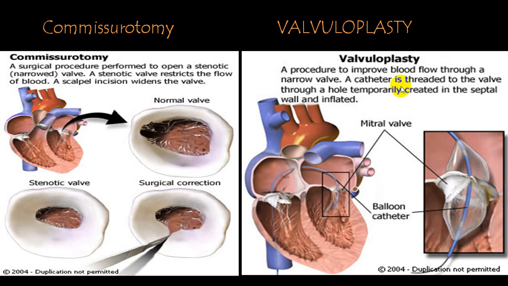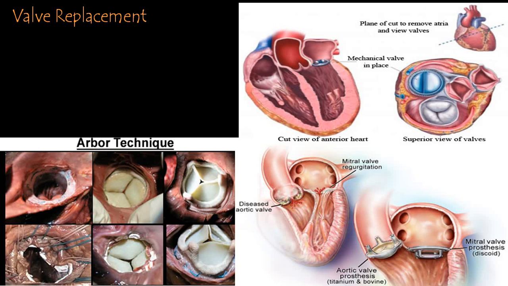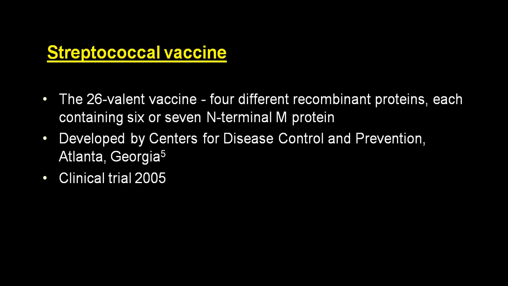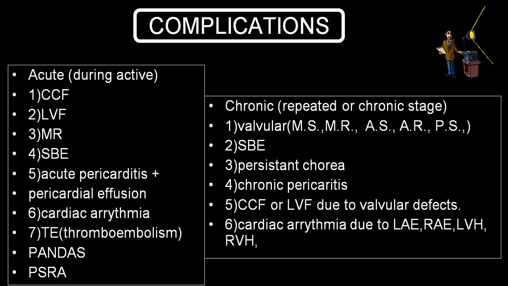Nowadays, catheter valvuloplasty is possible in some of the cases. But if it is a very thickened valve, calcified valve, then you require valve replacement. And now valve replacement, instead of a metallic valve, they are all what we call bioprosthetic valves. They are trying for streptococcal vaccines, but yet not 100% successful.